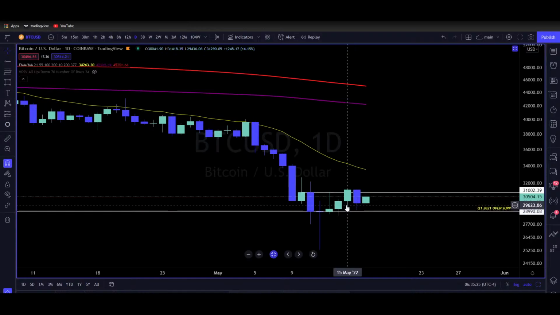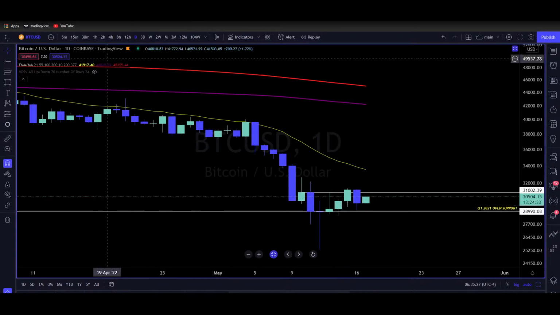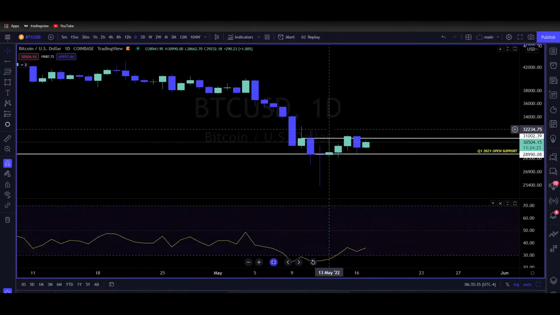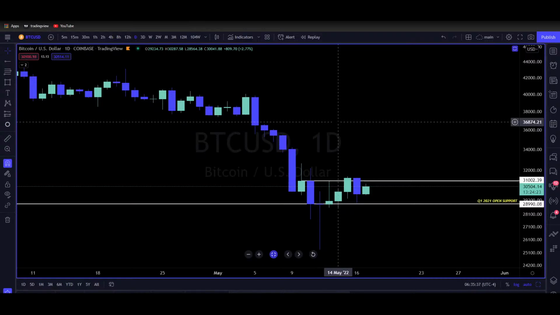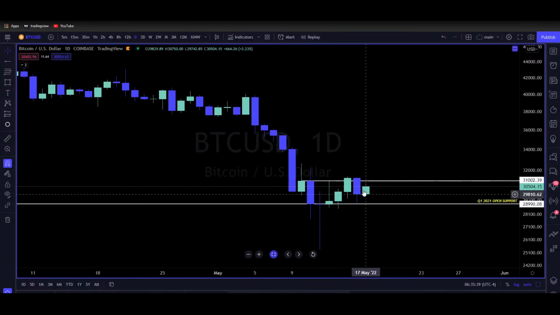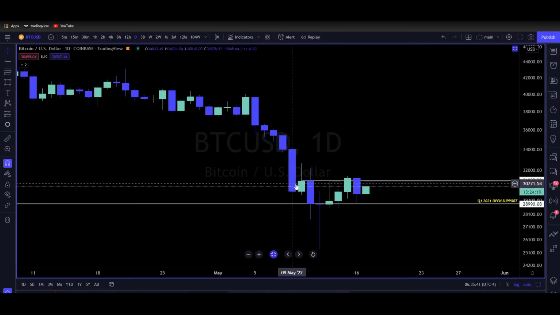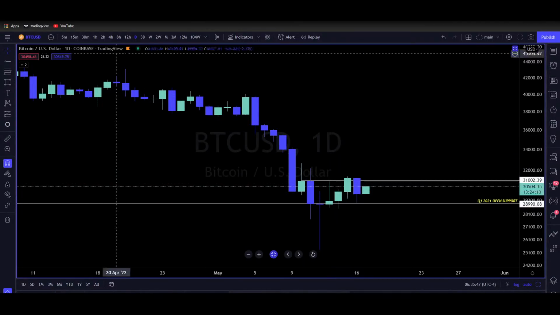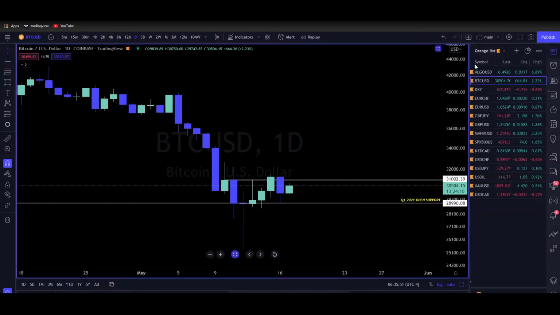Timing those bounces is difficult, and I don't like buying off support in a down market. But with that being said, you have a pretty extended asset on your hands. You're getting out of oversold regions. So the only two places to make a trade is either here or here. That's it. In the middle, you're in no man's land, essentially. But that's on Bitcoin.